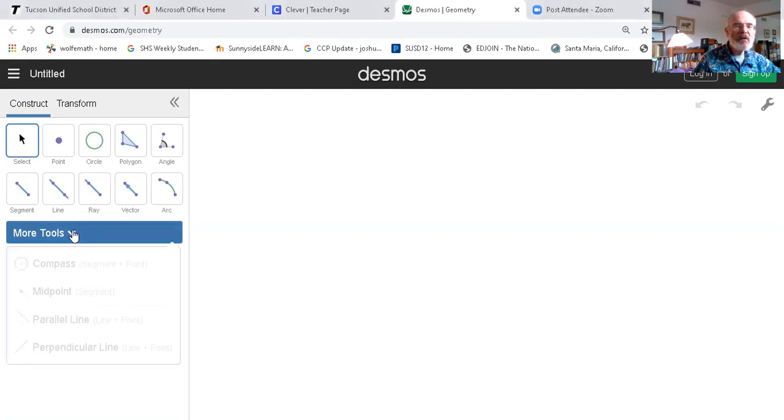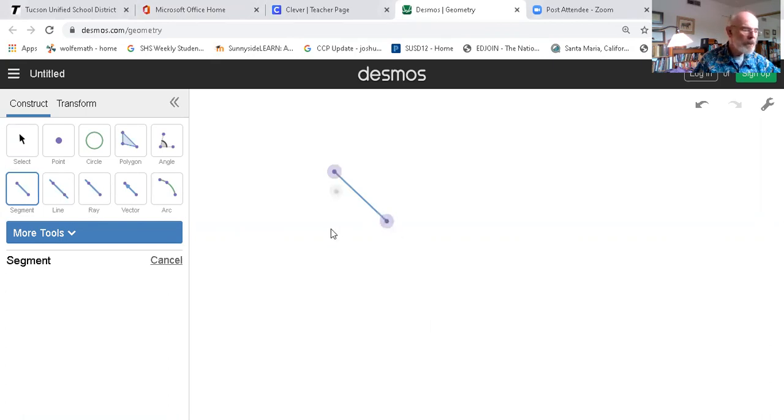And what we're going to do is go over here to a line segment, and draw one. So it highlights a point. I'm going to click the point, and then I'm going to draw a line, and now I've got a line segment. I don't have the ability, again, to put in letters, so I can't put in AB, but let's just say that this is line segment AB with A being at the top.